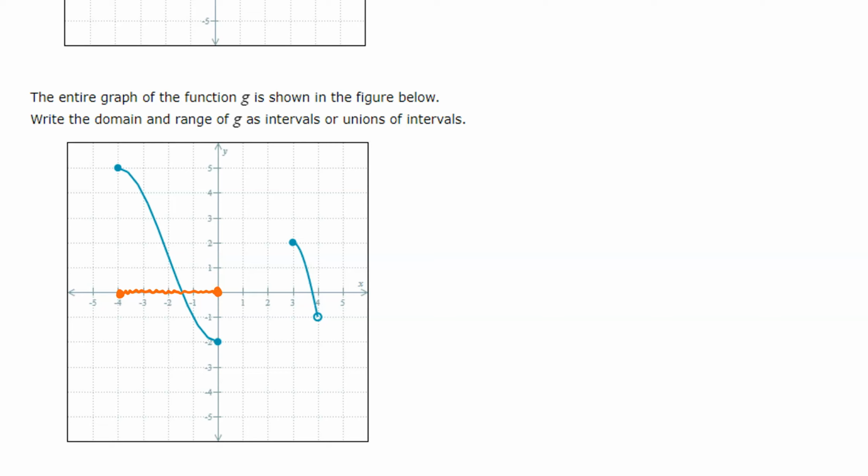And then it starts back up again at 3 and it goes up to 4, but 4 is not included. So the domain of the entire graph is going to be -4 up to 0, both included, union, 3 up to 4, 4 open.